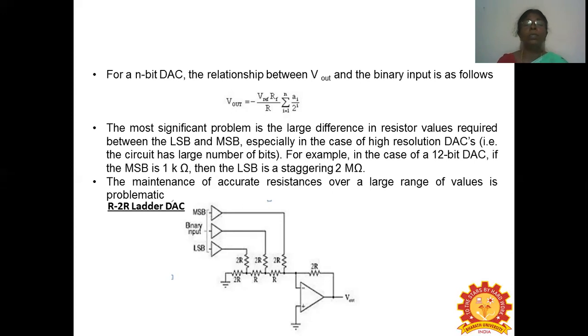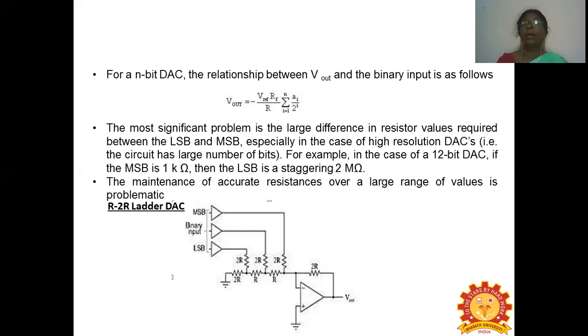The most significant problem here is the large difference in the resistor values between the least significant bit and the most significant bit, especially in the case of high resolution digital to analog conversion, where the circuit has a large number of bits.